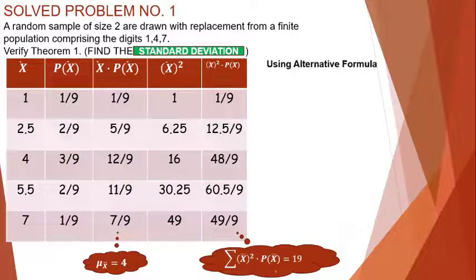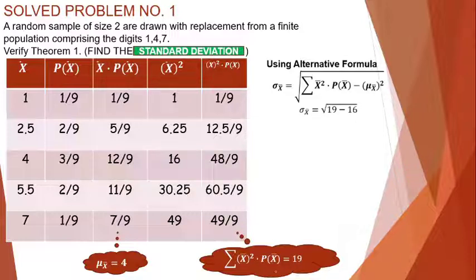Using the alternative formula, we have the square root of the summation of the square of the sample means times the probability distributions minus the square of the population mean of the sample mean. Here, the mean is 4 times 4 is 16, then 19.